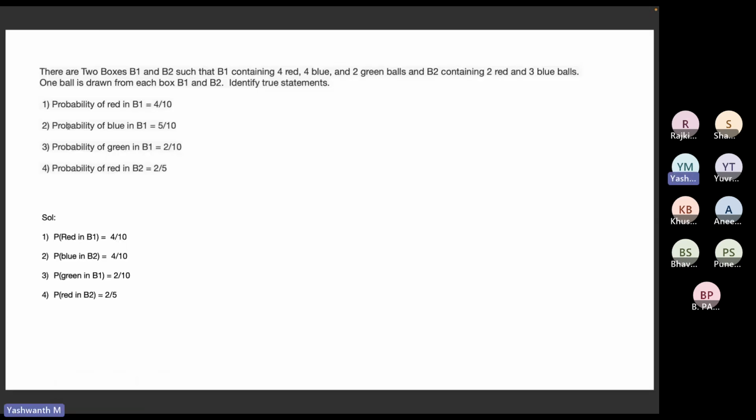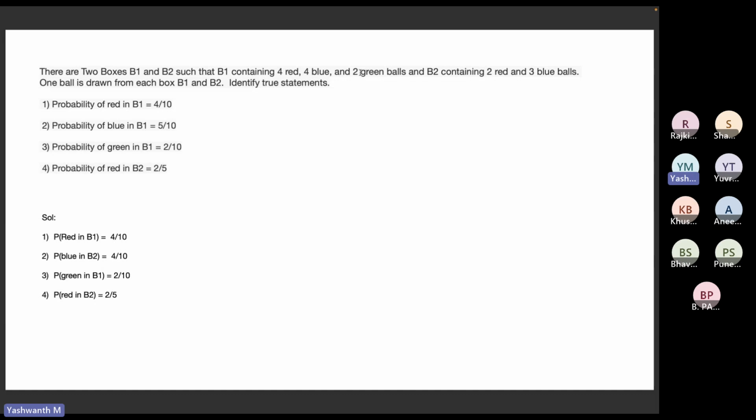Okay, so next, point two. What is the probability that the ball is blue in B1? You draw one ball and you see it is blue. It is again 4 by 10, not 5 by 10. Another question is the probability of green in B1. It would be 2 by 10 because you have only two green balls.